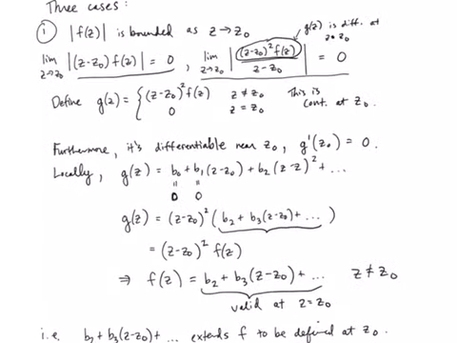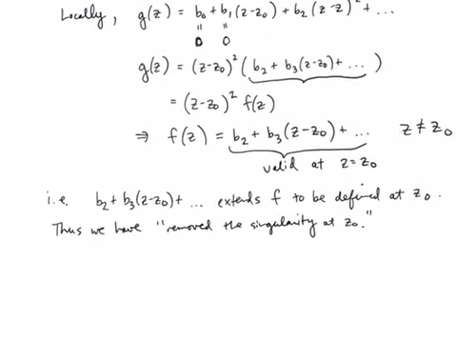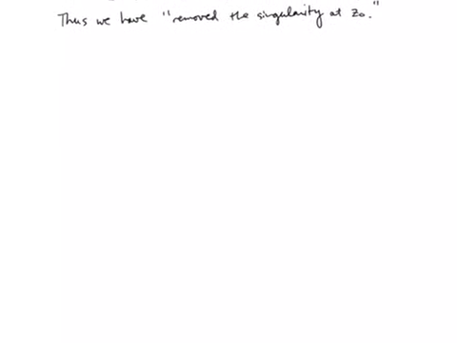Okay, case 2. Case 2 is that the limit as z goes to z naught of the norm of f of z is equal to infinity. So no matter how you approach z naught, the absolute value of your f is becoming arbitrarily large.